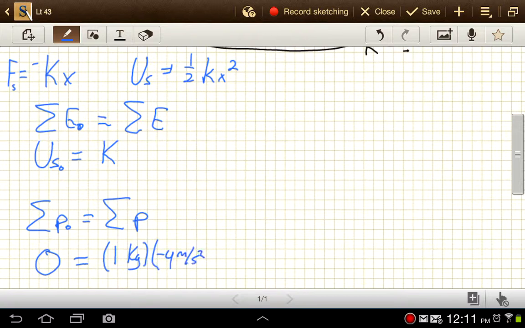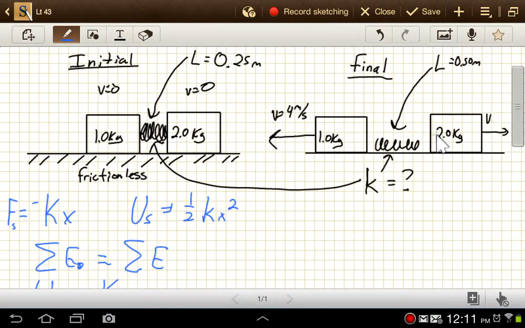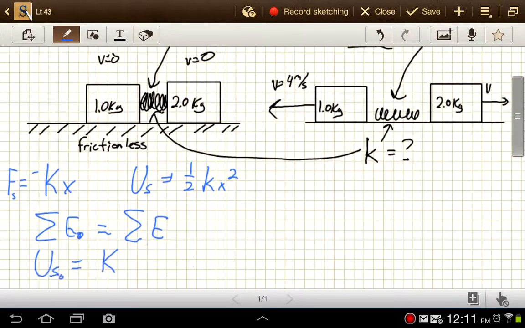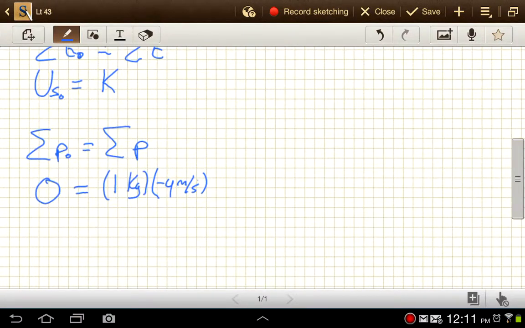I'll call my leftward direction negative. And then to the right, for this other object, we've got 2 kilograms times some velocity, and that's going to end up being to the right. I said kilometers, but I meant kilograms there.